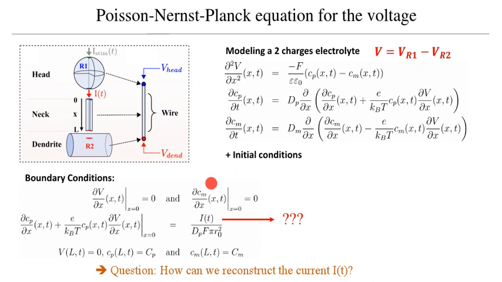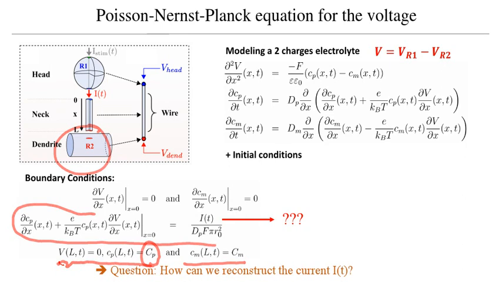So this is now, let me remind you, the classical boundary conditions. We have here the condition at the position L, which is here. This is the connection with the dendrite, which imposes a given concentration for the positive and negative species. We have then the condition for the fluxes at the entrance, that is here.